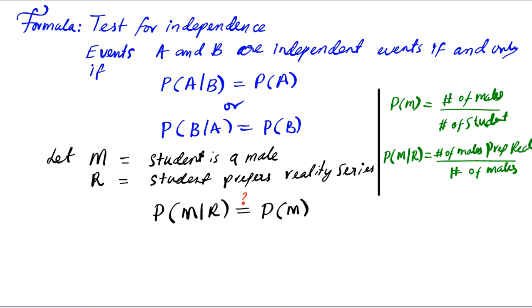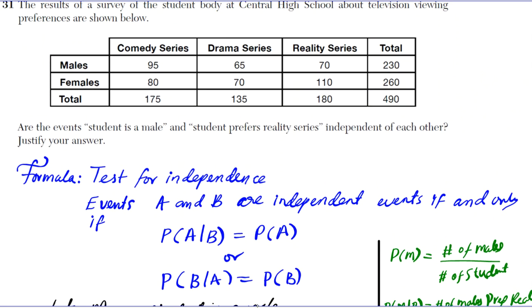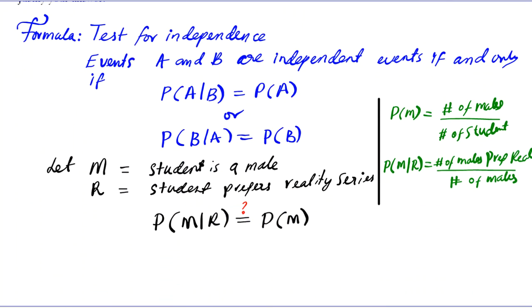Okay, let's start with the probability of male given reality series. So we're looking at the number of males that prefer reality series. Right here, that's 70, divided by the total number of males. So the probability of M given R is going to be 70, the number of males that prefer reality series, divided by the total number of males, which is 180.